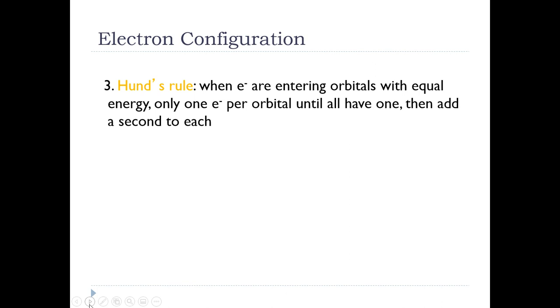Rule 3 is kind of weird. It makes more sense after we've done some practice problems. Hund's rule says that if we have orbitals with equal energy, and remember that our s orbitals are like just a sphere, but those p orbitals, they can be x, y, or z dumbbell shapes.